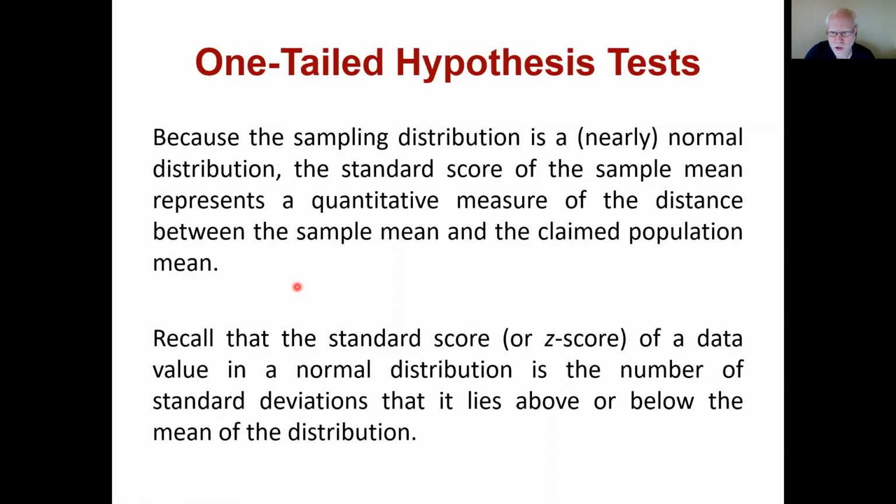Because the sampling distribution is a nearly normal distribution, the standard score of the sample mean represents a quantitative measure of the distance between the sample mean and the claimed population mean. Recall that the standard score, or Z-score, of a data value in a normal distribution is the number of standard deviations that it lies above or below the mean of the distribution.